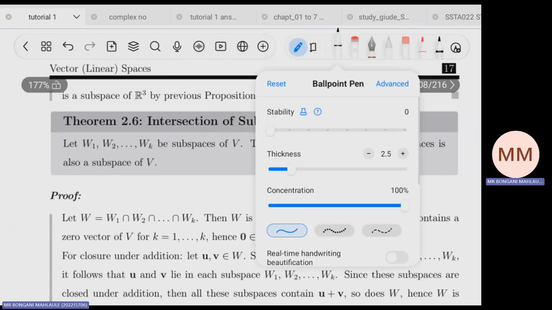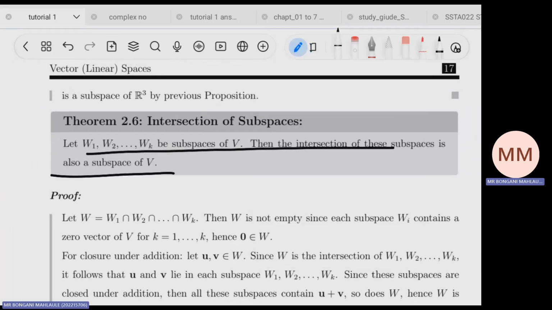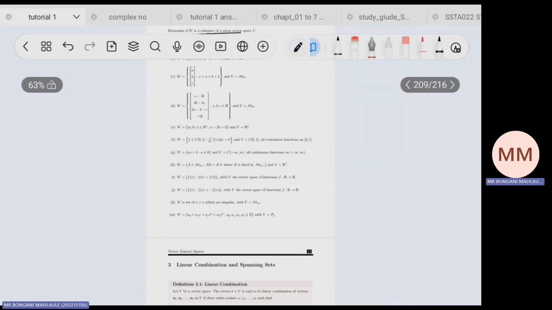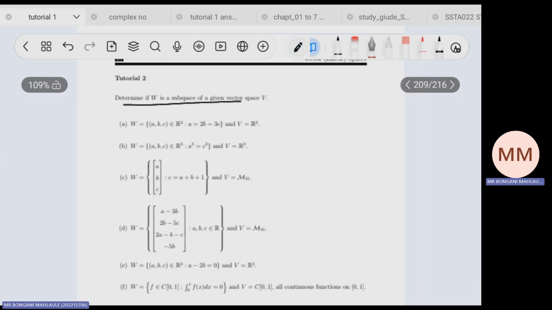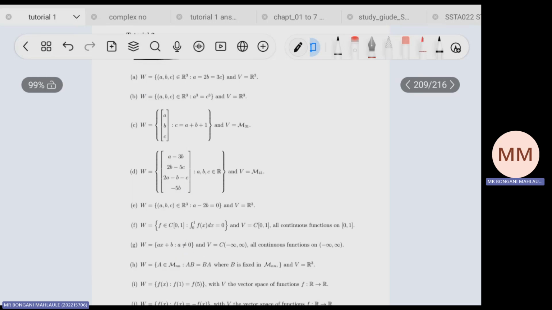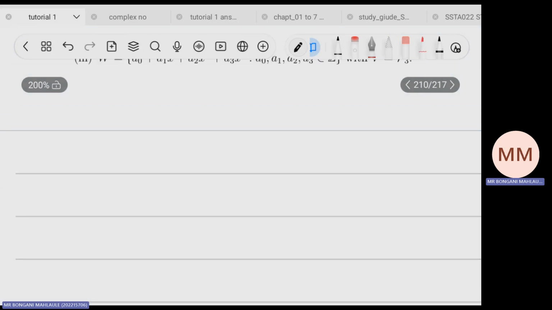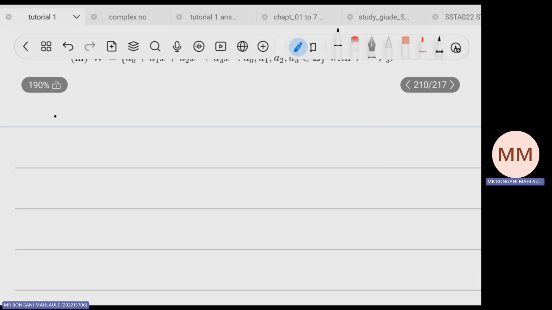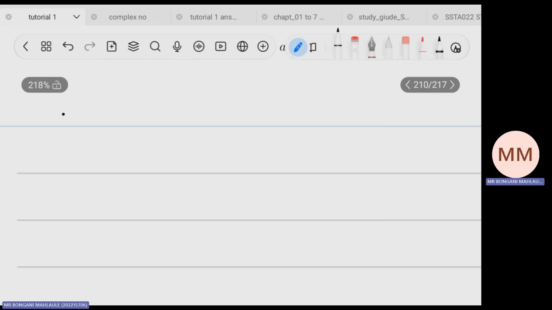This is the definition, but I want us to write it in our own way. Define what is a subspace of a vector space, and also the conditions that are related.